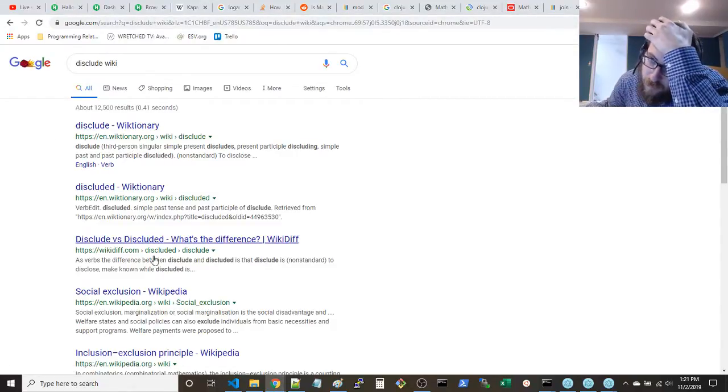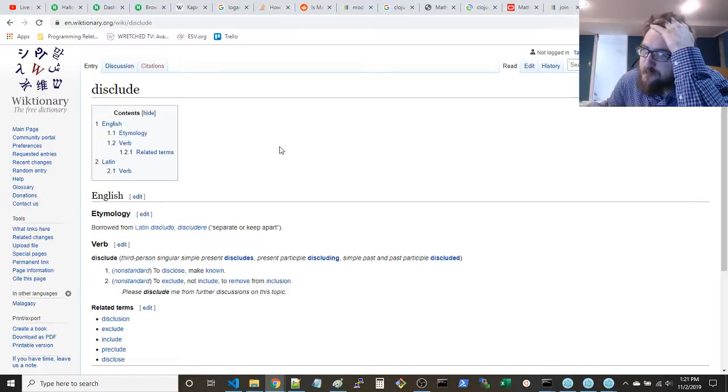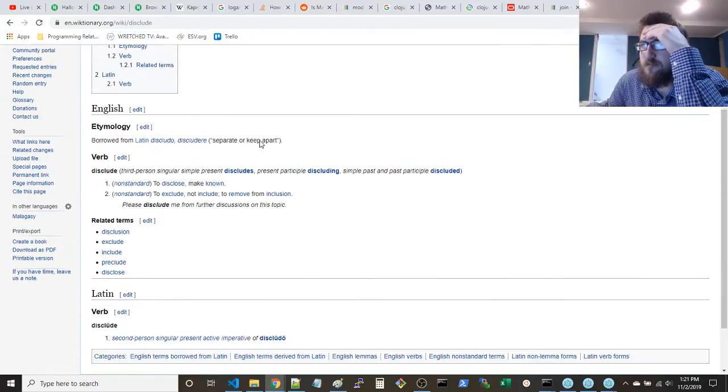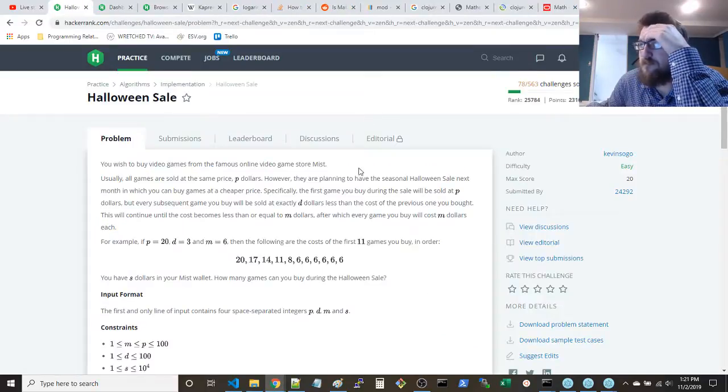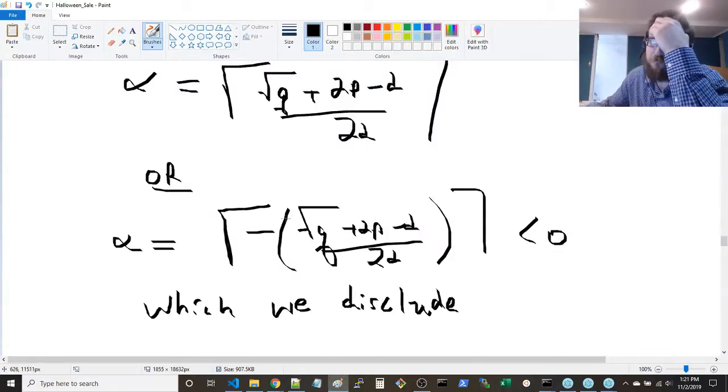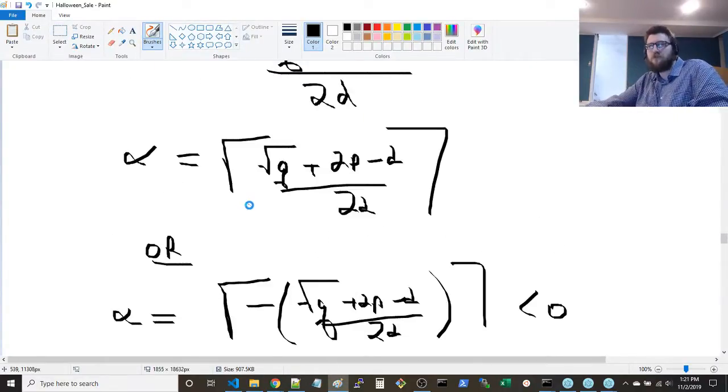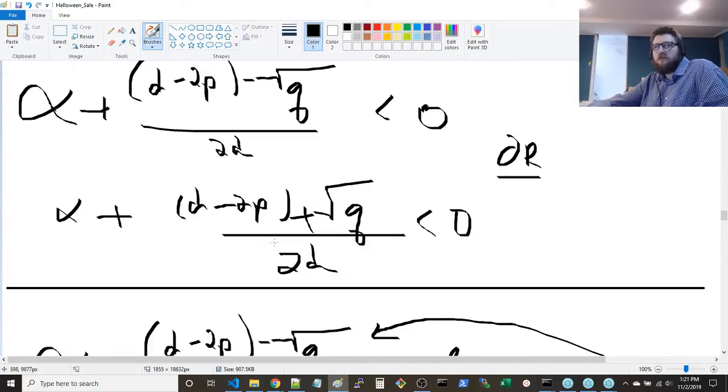Oh yeah, social exclusion. Okay, which I think we exclude because if we negate the second piece, then it's the same algebra we just did, except, well, actually, let's see what happens if we do this.